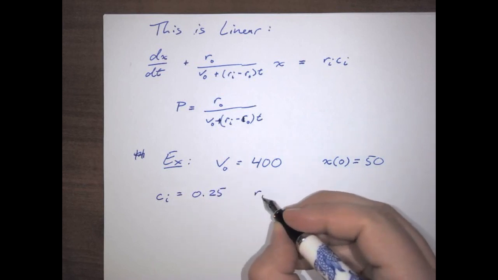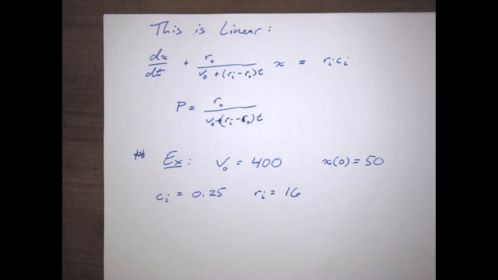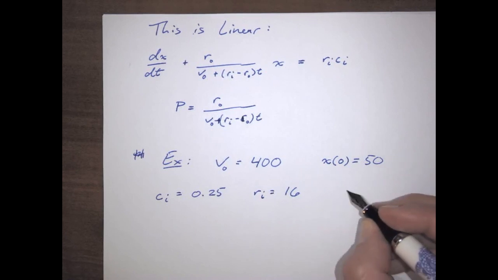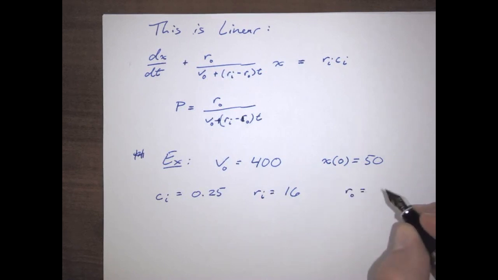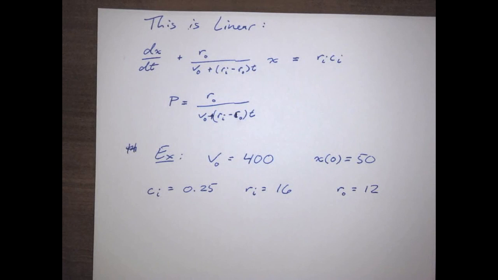The rate in is going to be 16 liters per minute, and the rate out is going to equal 12. So those are all the pieces that we have been given in the problem as stated, and now we just have to put the pieces into play.